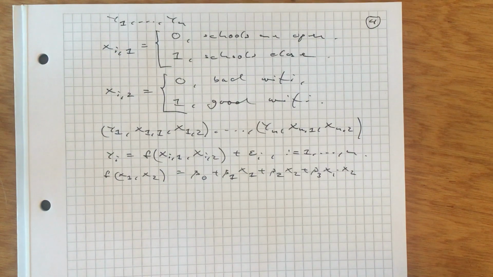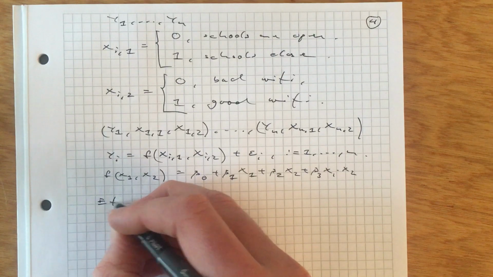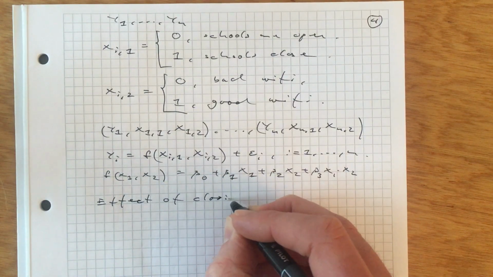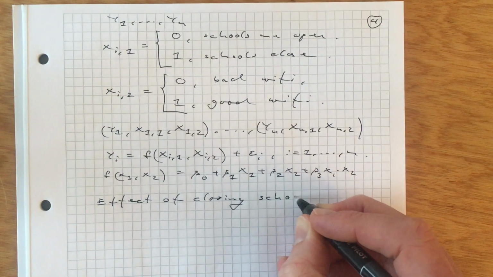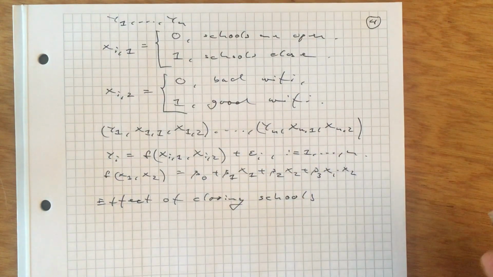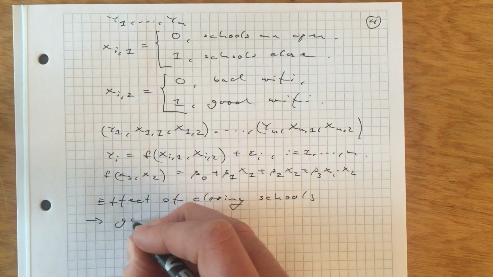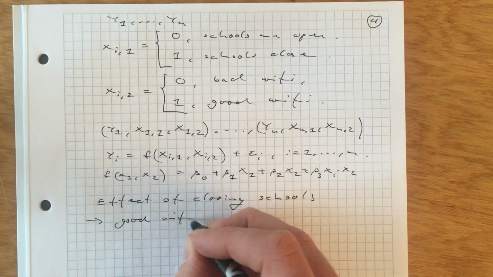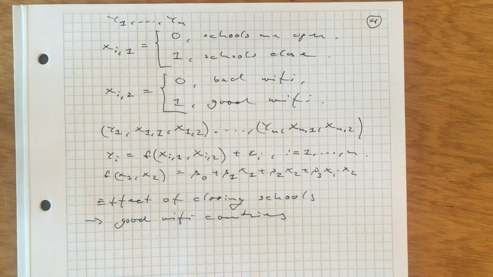So let's write down the effect of closing schools. There will be two different effects of closing schools: one for the good Wi-Fi countries, and one for the bad Wi-Fi countries.